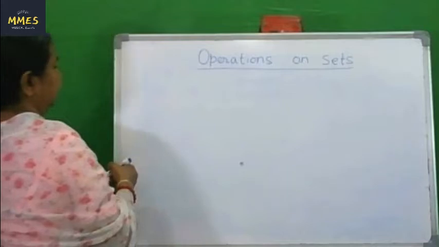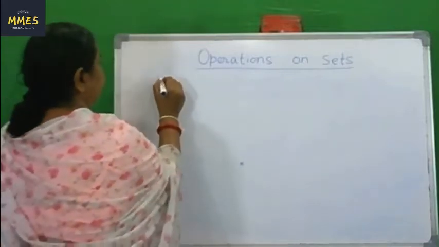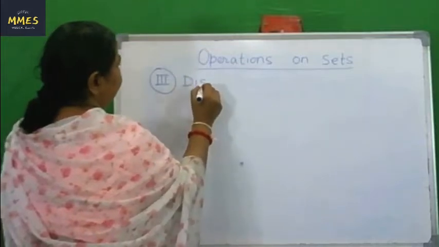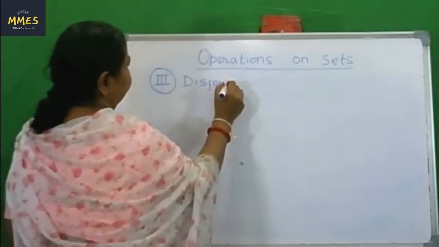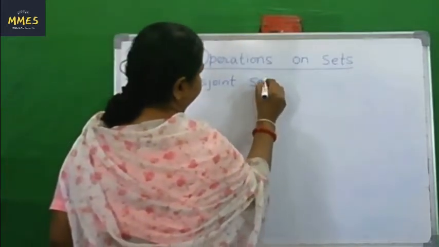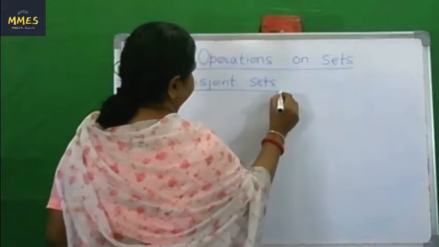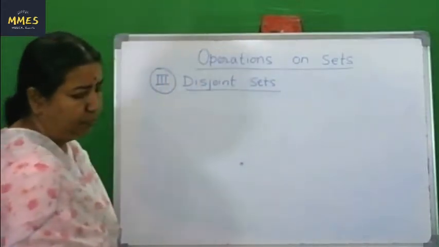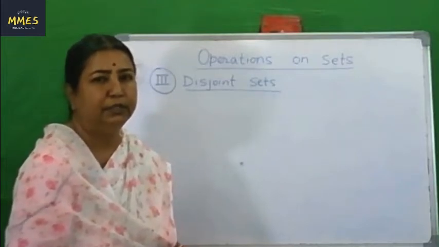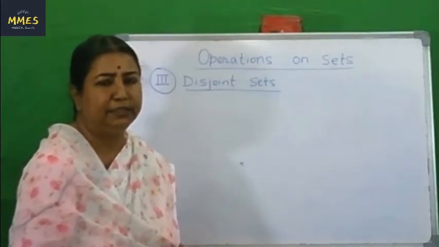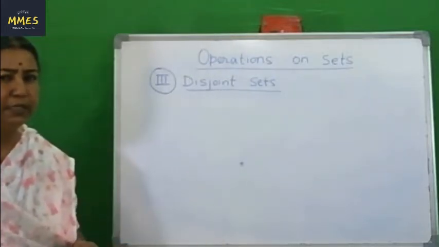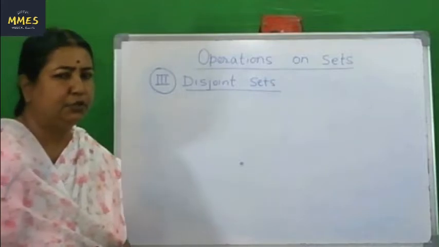Disjoint sets. The third operation that we are going to learn is disjoint sets. Two sets that have no elements in common, such as B and C, suppose, are called disjoint sets.